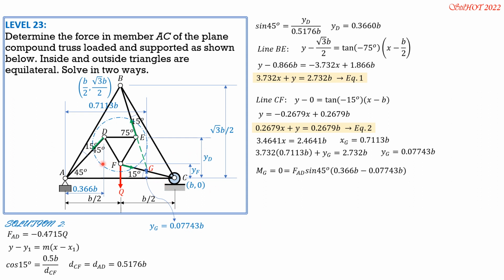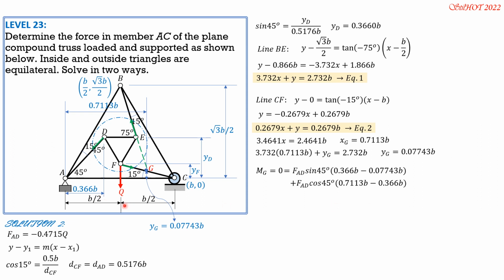Then the vertical component is counterclockwise also. This is equal to FAD cosine 45, and the moment arm is XG, 0.7113b minus 0.366b. So plus FAD cosine of 45 degrees quantity 0.7113b minus 0.366b. I hope you followed.